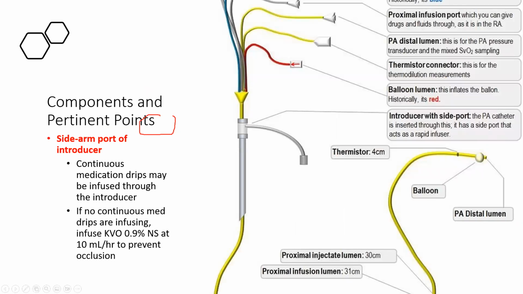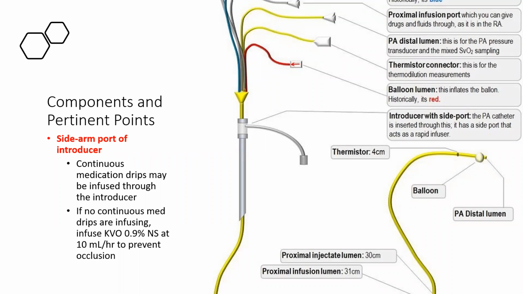Let's now take a look at the components and the pertinent points of the pulmonary artery catheter. And the first one is going to be the side arm of the introducer. So it will be something like this. This is a port that you can use for the administration of medications.